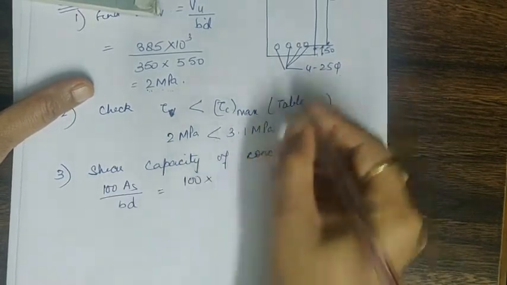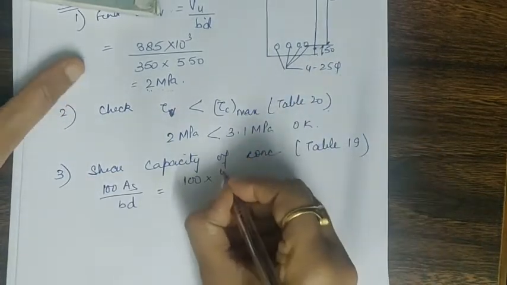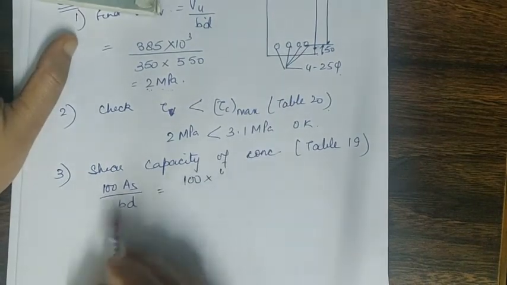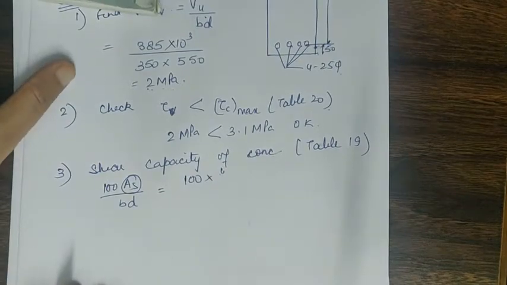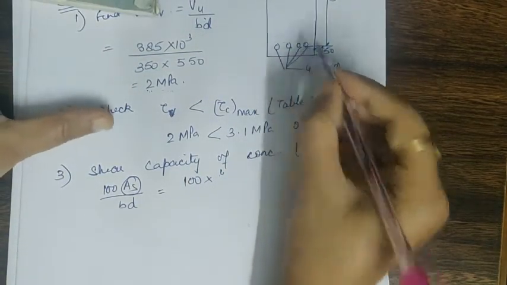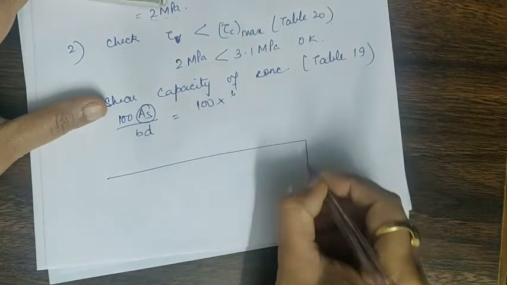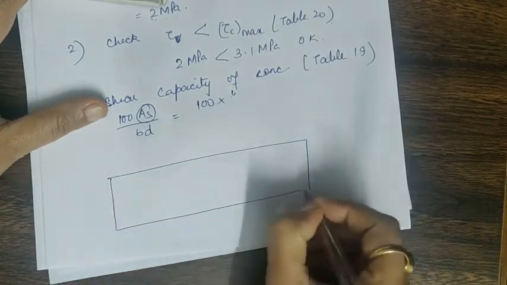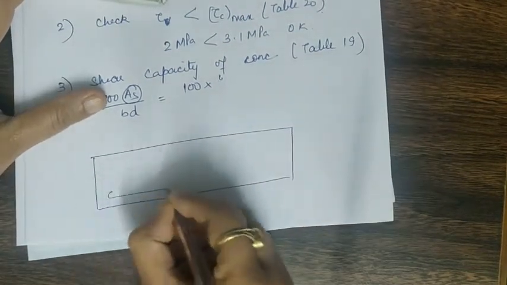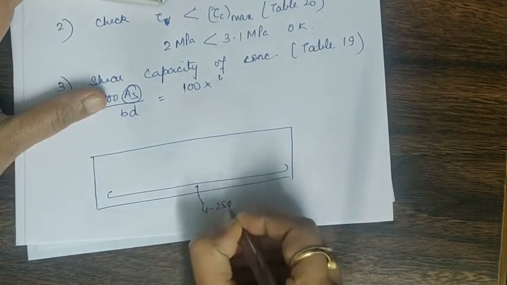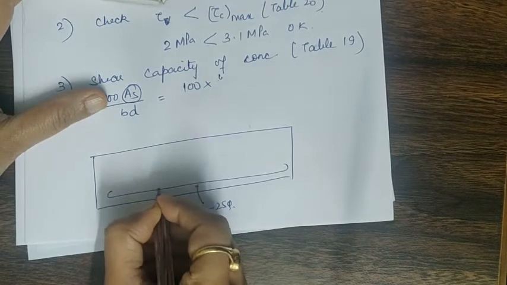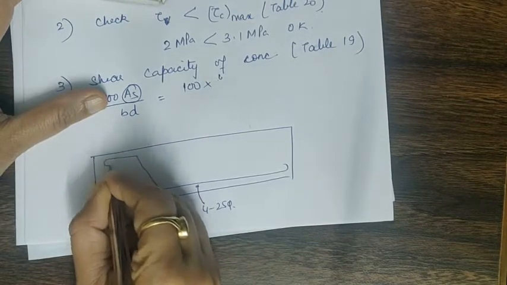100 As is, we are using 4 bars of 25 dia. Now here you are to be very particular. Here we will not be using 4 bars. Why? Because out of these 4 bars, if I draw the section, at the center there were 4 bars, but towards the support, half of the bars were bent up like this.